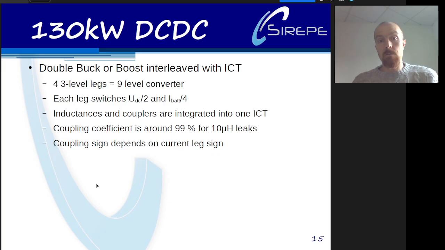It means 9-level converters. Each leg switches the DC voltage divided by 2 and the battery current divided by 4.